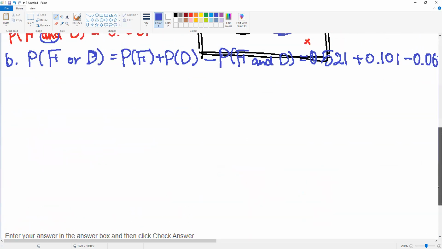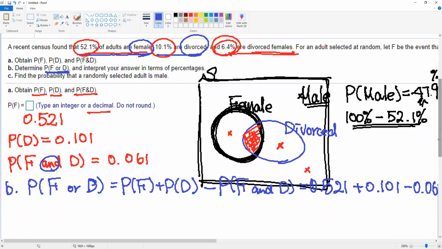Oops, I'm sorry, the last one is 0.061. So let me try 0.521 and 0.101 and 0.061.